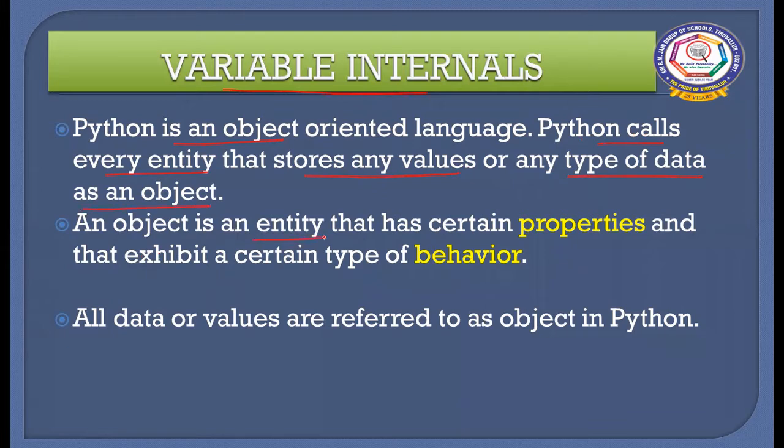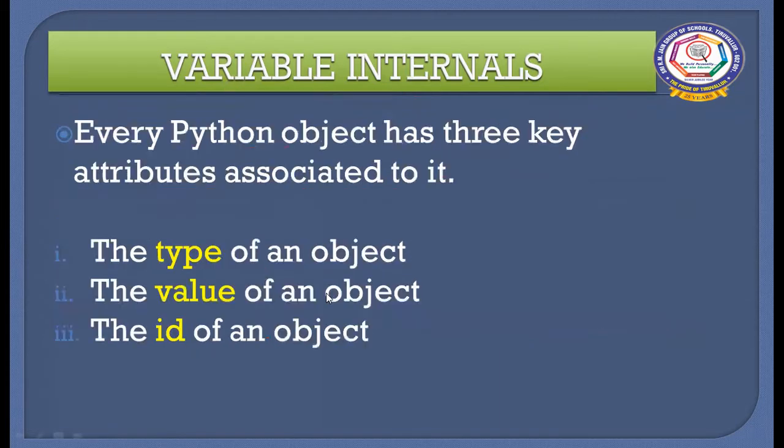An object is an entity that has its properties and behaviors. So each and every object has its properties and its own behaviors. All data values are referred to in Python as objects. Whatever it may be, a data or a value, we call it an object in Python.